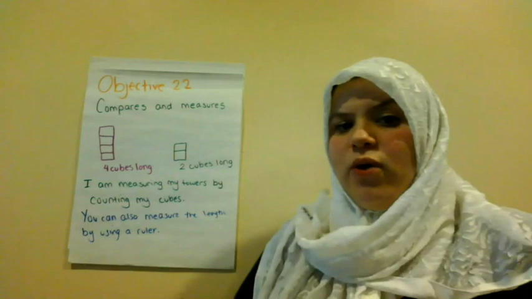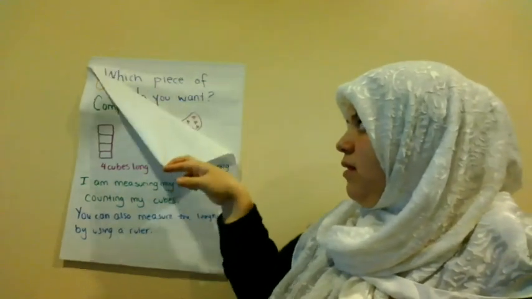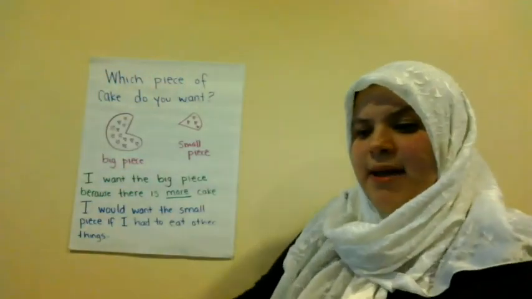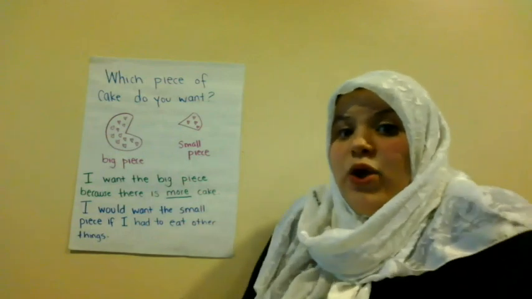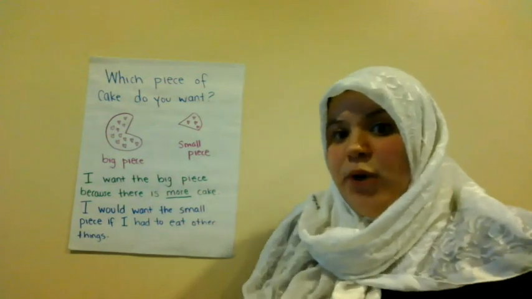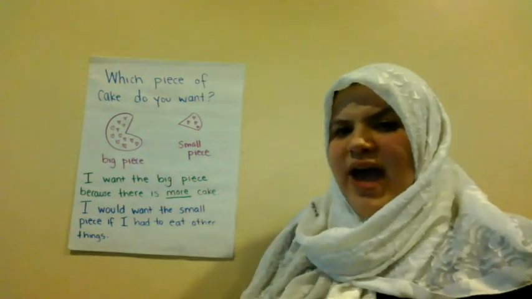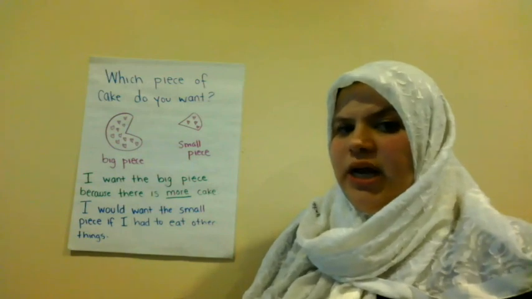Now, I am going to take down my poster number 1. This is my poster number 2. Remember, we also talked about having a pretend birthday party, right? And we had cupcakes. But imagine if you had this really, really big cake for your party.